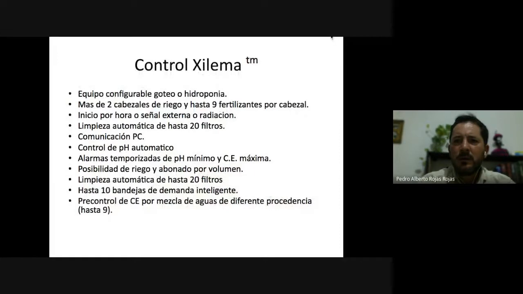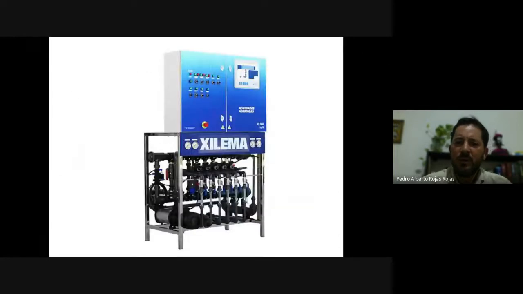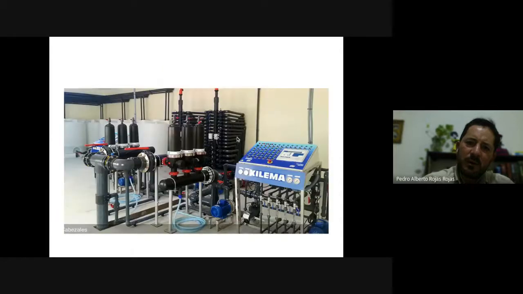And this is the Silema control, which is very important equipment nowadays in most of the farms that use a controlled watering system. And you can see here a different picture of the control panel of the Silema system. And this is a completely installed equipment in a storage, and you can see the filter equipment, fertilizer tanks, also the application of the fertilizer, and this is the programmer.